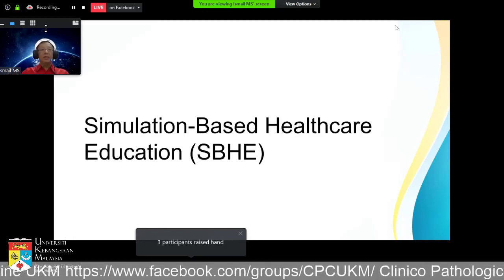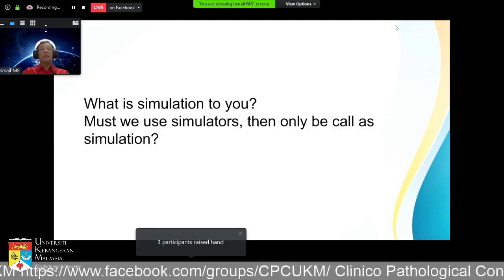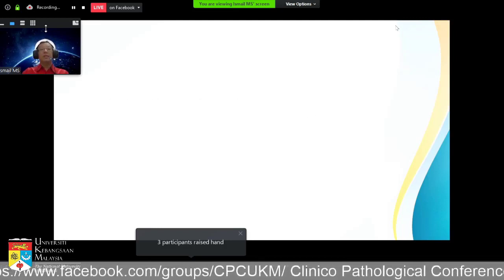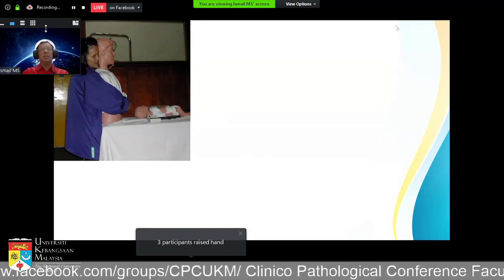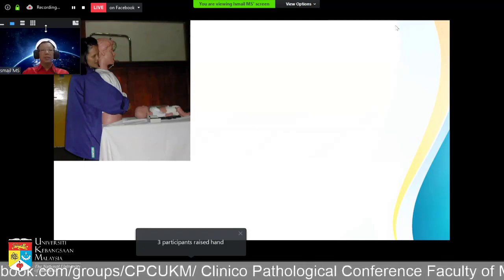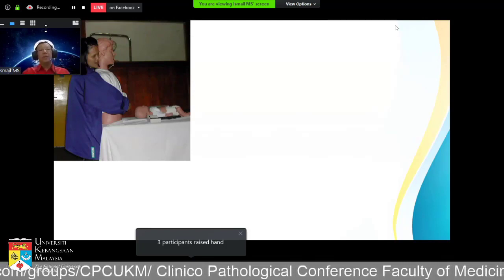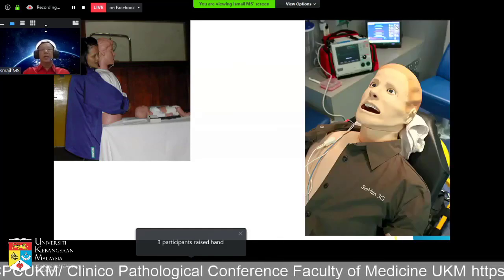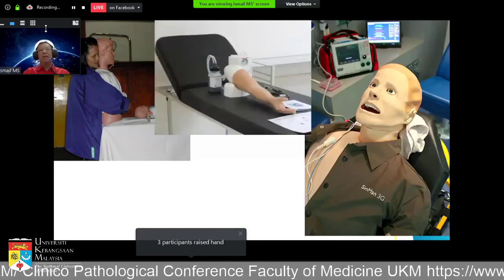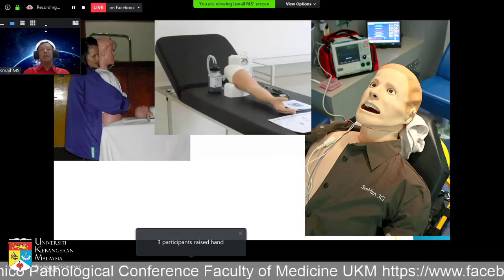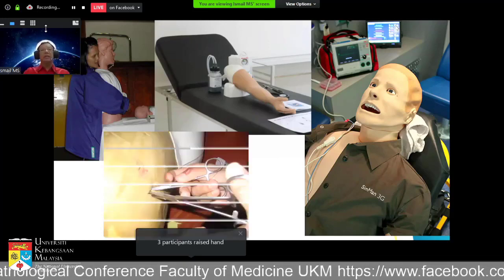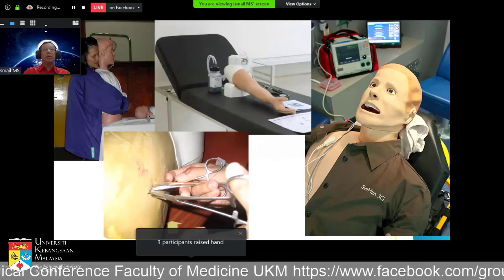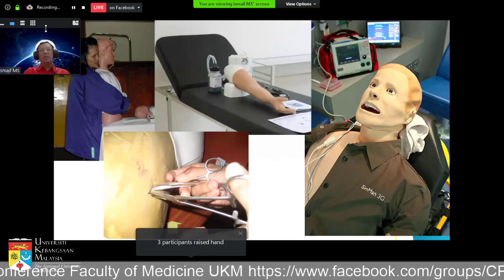Based on what we know, a lot of people think that if you don't have the simulators, you are not doing simulations. For example, for the Heimlich maneuver, you have to play with the simulators, some electronic patient called SimMan, or this arm, a dummy or mannequin that you poke into for the chest tube. So you need to have all the simulators.